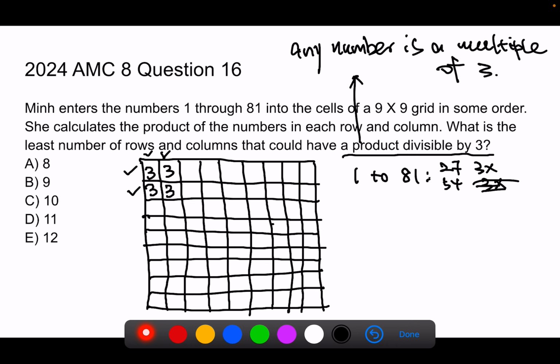So I will start to complete the square. 27 is 5 squared plus 2. So I'm going to form another square, and another.